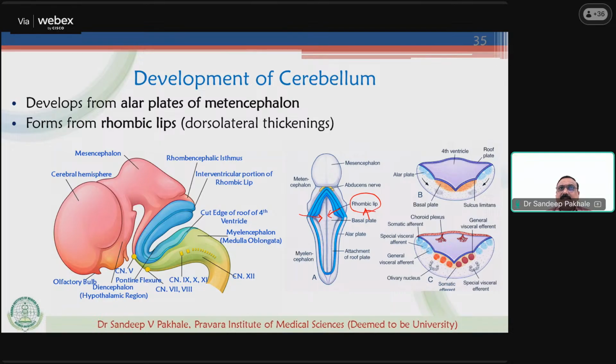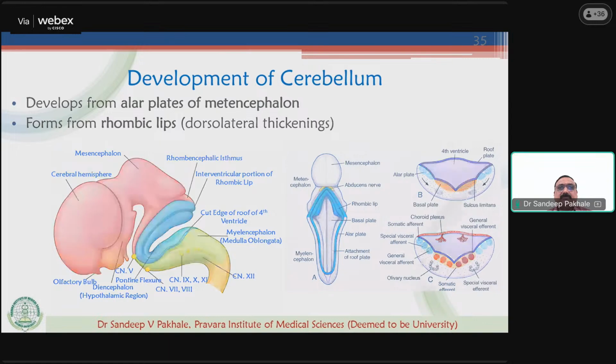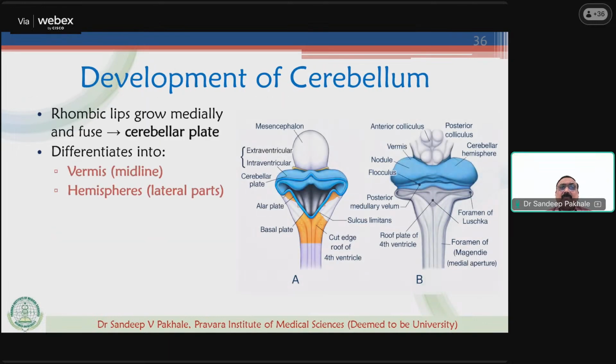So the key concept is that the cerebellum originates from the alar plate via rhombic lips and later undergoes extensive growth and organization that we will see. The rhombic lips, you can see here, are growing medially and fusing at the cerebellar plate.